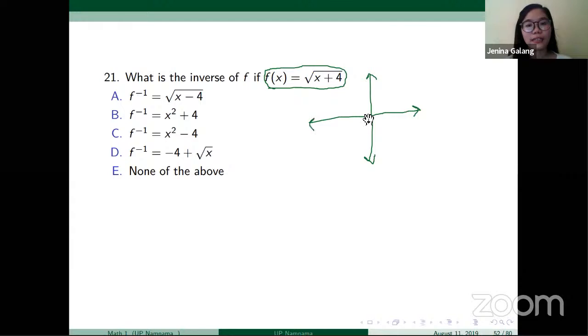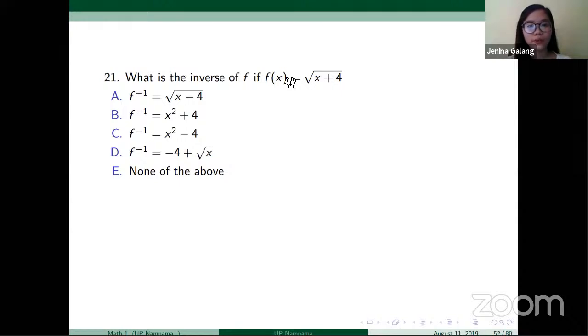Ang graph nila is a parabola that opens to the right. So by horizontal line test, kapag nag-drawing ka ng kahit anong horizontal line that passes through our graph, mag-intersect lang siya sa isang point. So, f of x is 1-to-1.